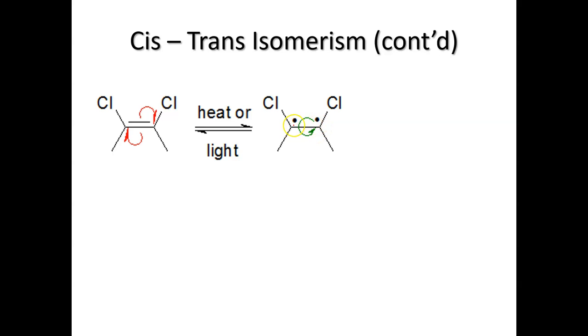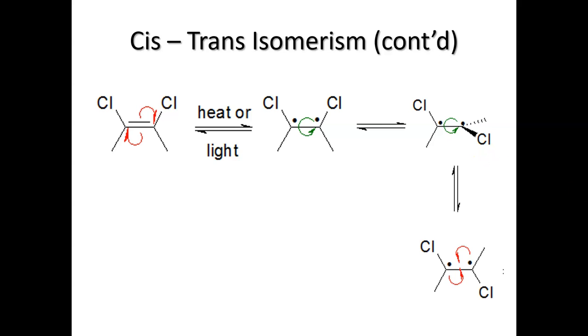At that moment when that is broken, we can have the movement and spinning of that double bond to form that new bond. So these can interconvert and we can create cis to trans isomerism.